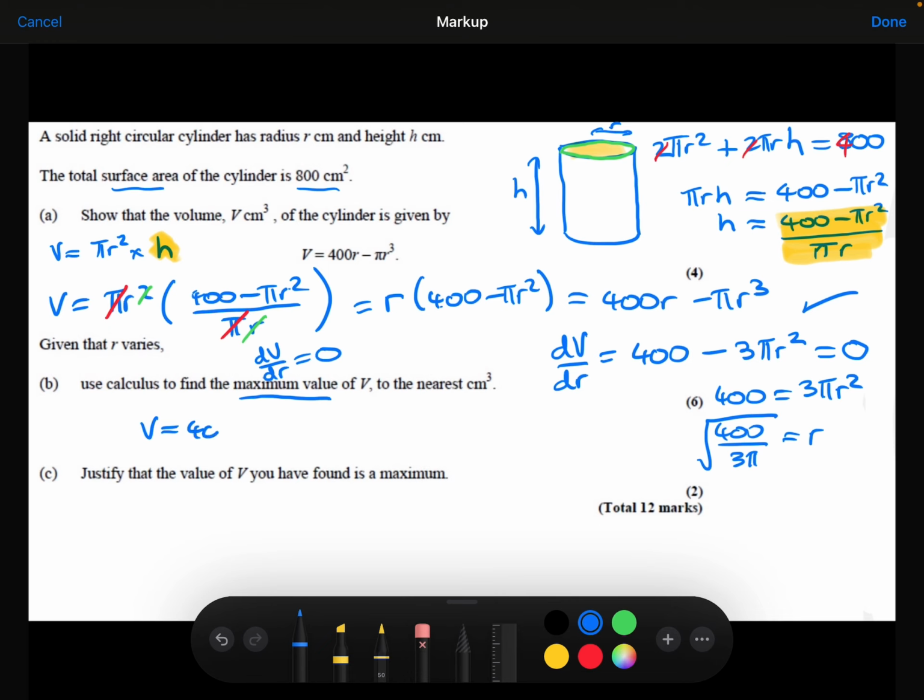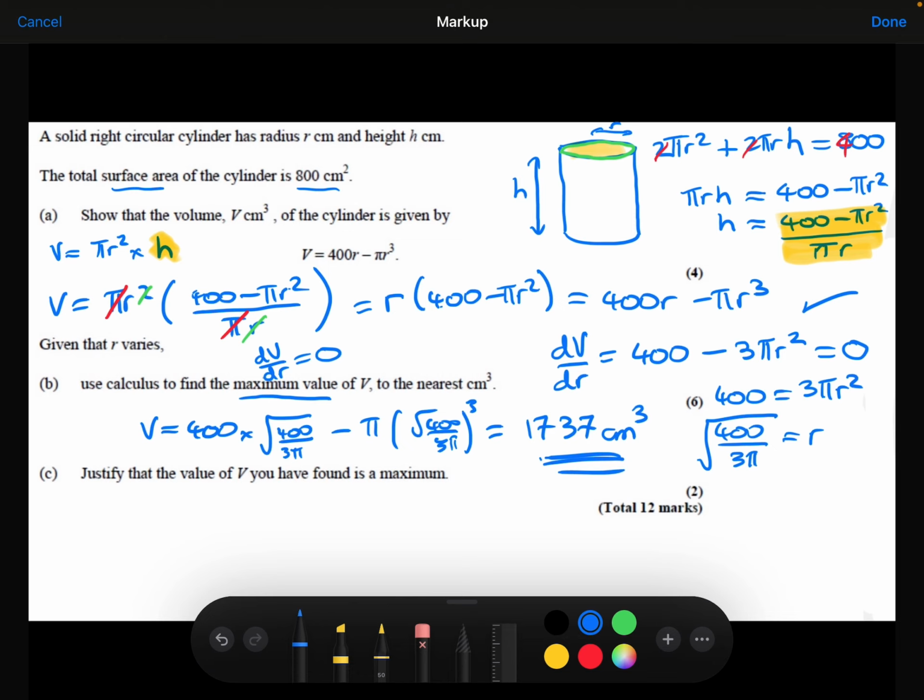So let's substitute that back into the original expression, 400r minus pi r cubed. And when we do that, we find that the maximum volume to the nearest centimetre cubed is 1,737 centimetres cubed. That's the maximum volume when the radius is 6.5.